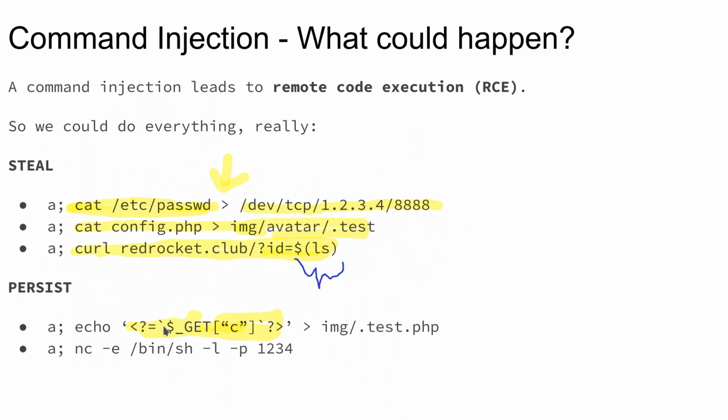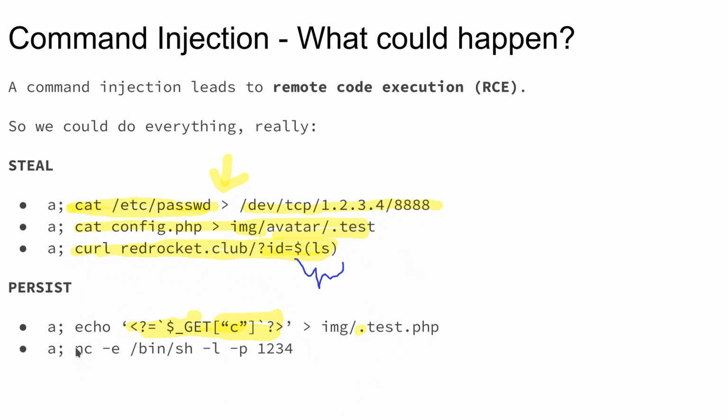That's what these backticks do in PHP. And then we save that as a file called .test.php. The leading dot leads to ls not showing it. Usually it's a hidden file, unless you use ls with the -a or capitalized -A option.